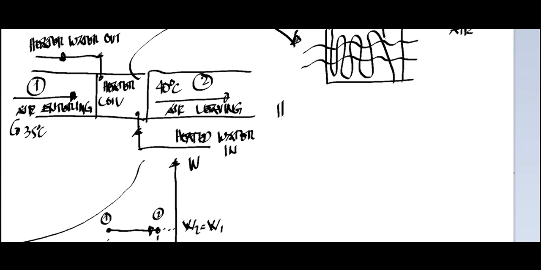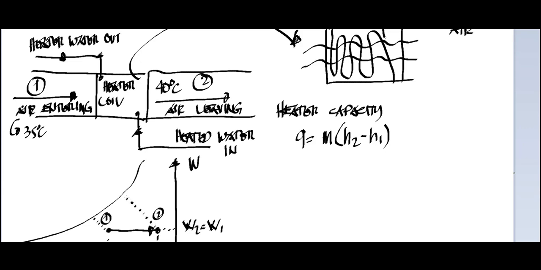Then we have your heater capacity, where Q is equal to the mass flow rate times the enthalpy 2 minus the enthalpy 1. We can get the value of enthalpy at this point, this line.